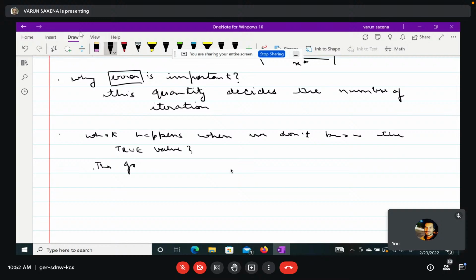The goal of any numerical method algorithm is to converge to some value.